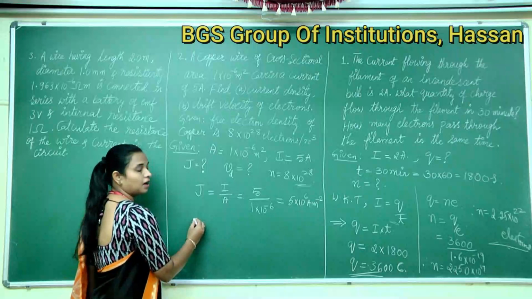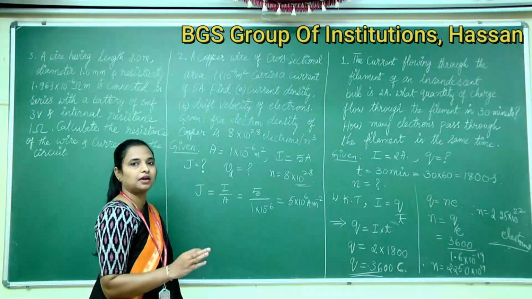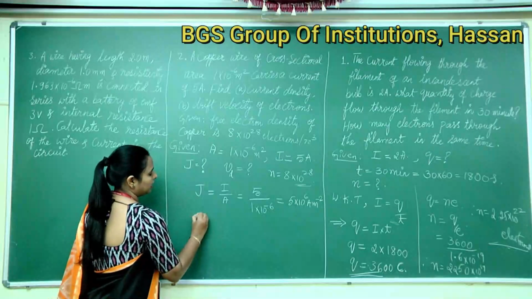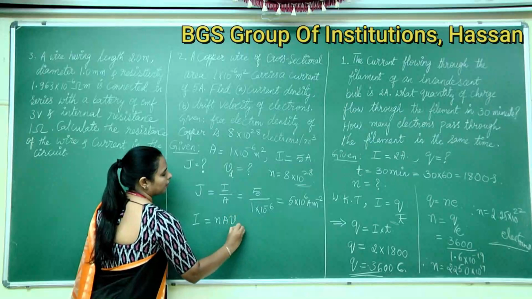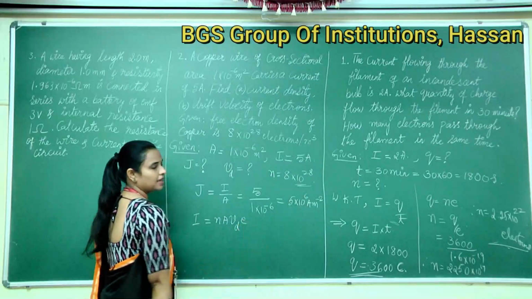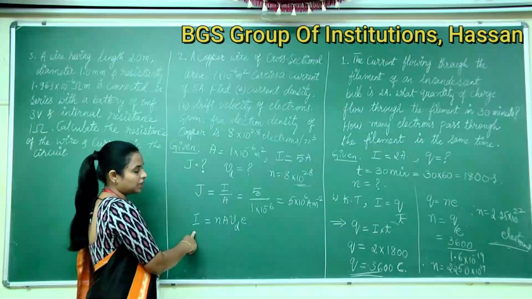What is the formula which gives the relationship between electric current and drift velocity? It is I is equal to nAvd e.